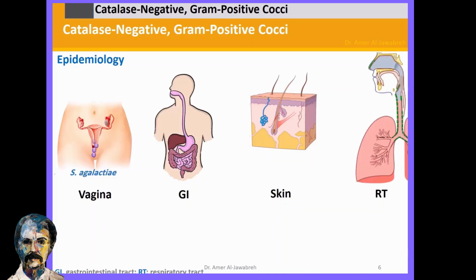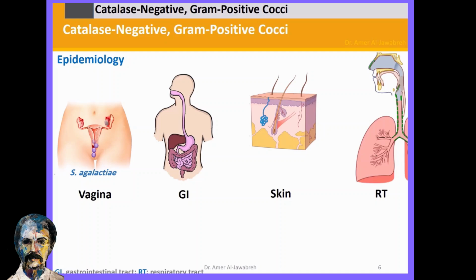These are the areas in which Streptococci are most commonly encountered. Vagina, Streptococcus agalactiae. Usually the ladies who are pregnant, before delivery, are tested for the presence of agalactiae. Why? Because it might be transferred to the newborn and cause a problem to the newborn.